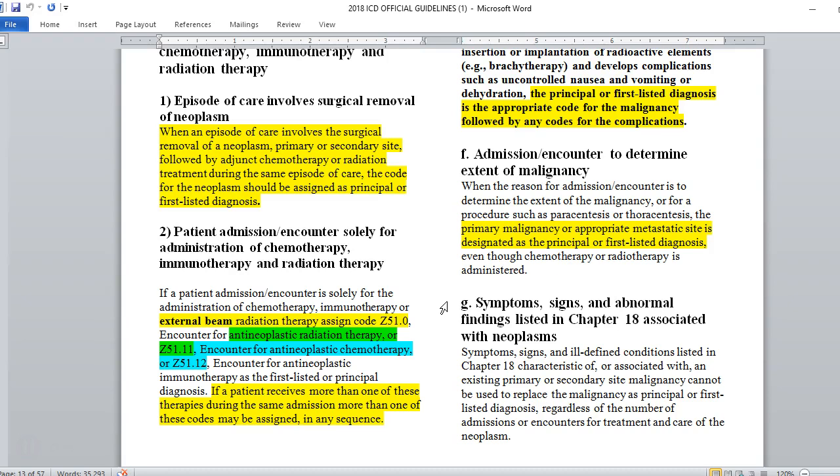So again, it's just reminding us, if they're there for treatment with one of these therapies, the therapy goes first. Now, if a patient receives more than one of these therapies during the same admission, more than one of these codes may be assigned in any sequence. So again, if they get radiation and chemotherapy, either one can go first.